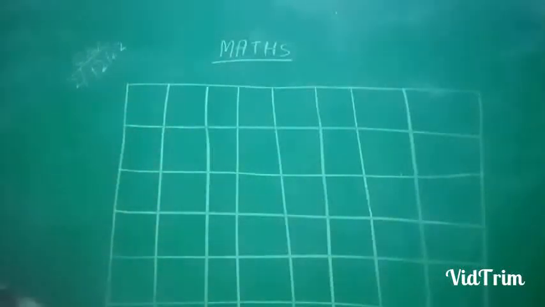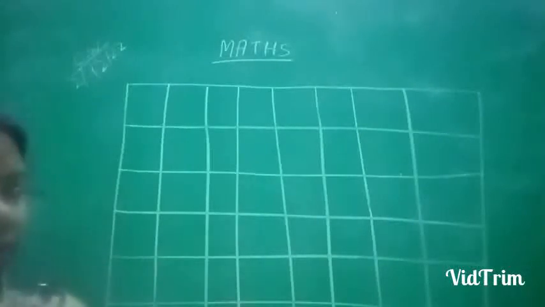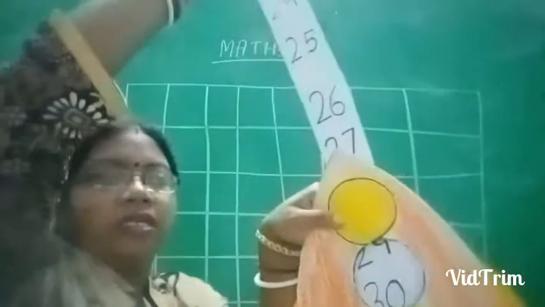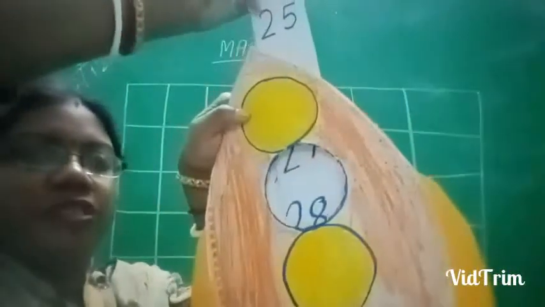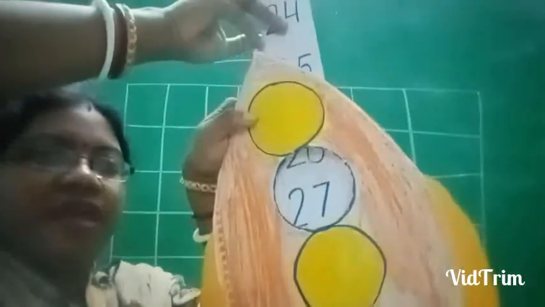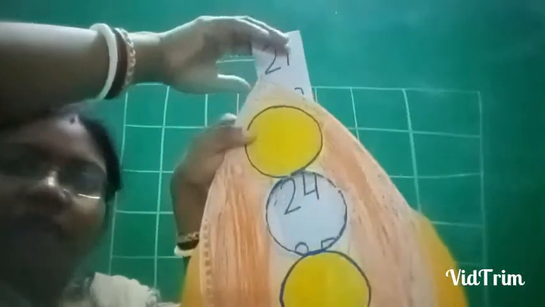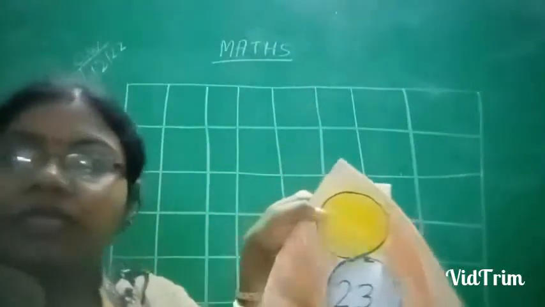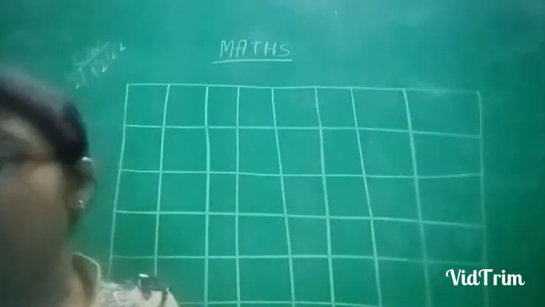Now it's going to be 30. From the back side we are counting 30, 29, 28, 27, 26, 25, 24, 23, 22, then 21.